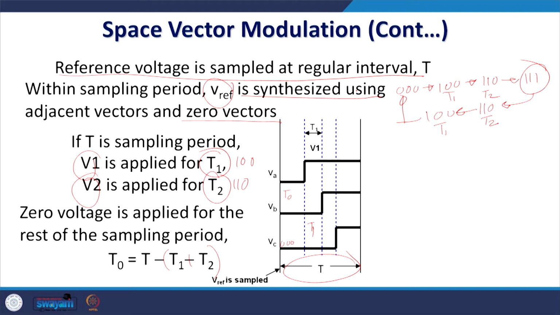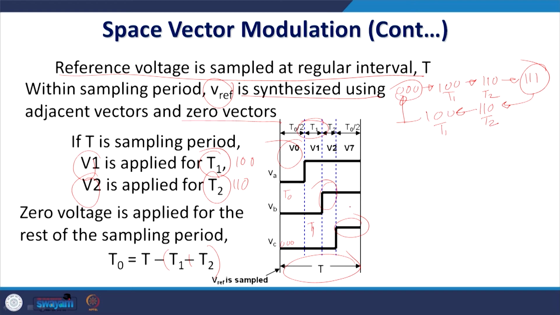Let us see here. That is what I was saying, that this duration will be T1 for the voltage V1, and this duration is T2, where V1 and V2 both are high, and thereafter this voltage vector is V0, given by 0 0 0, that is a null vector where all the lower switches are closed, and that duration will be T0 by 2, and similarly at the end of it that duration will again be T0 by 2.